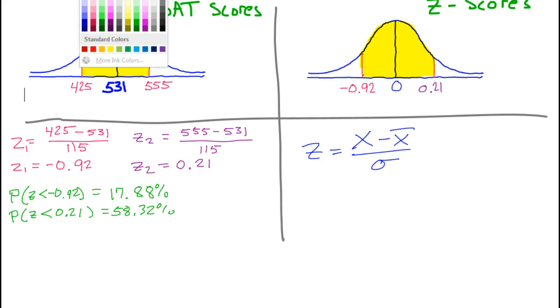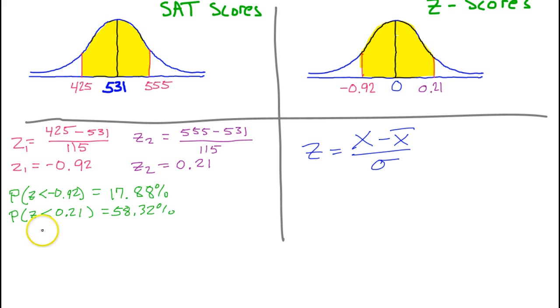Now, what we want is the percentage of data between these two z-scores. So here's how I'd write that down. If I want to be between these two z-scores, then that means negative 0.92 is less than the z-score, which is less than 0.21.